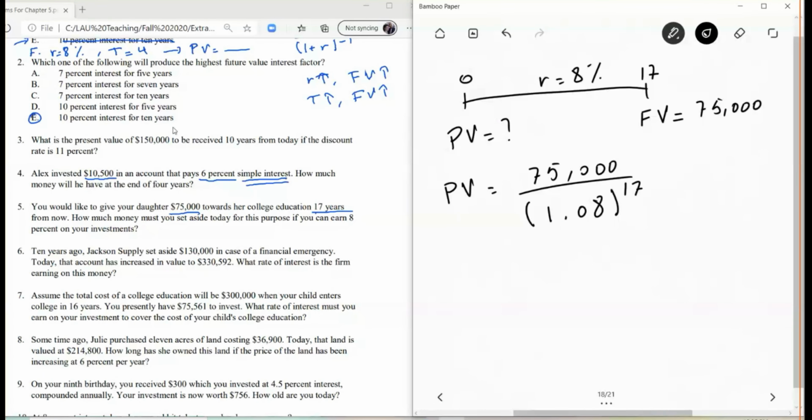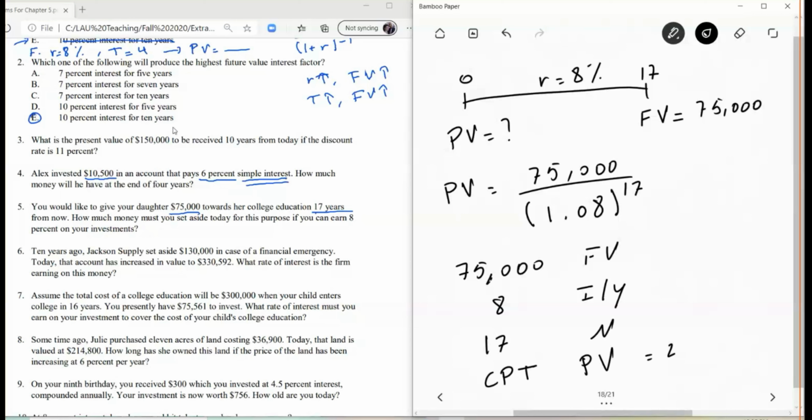After clearing the time value of money, I have 75,000 as FV, 8 as IY, 17 as N, then I compute PV. The answer that you will get is 20,270.17.